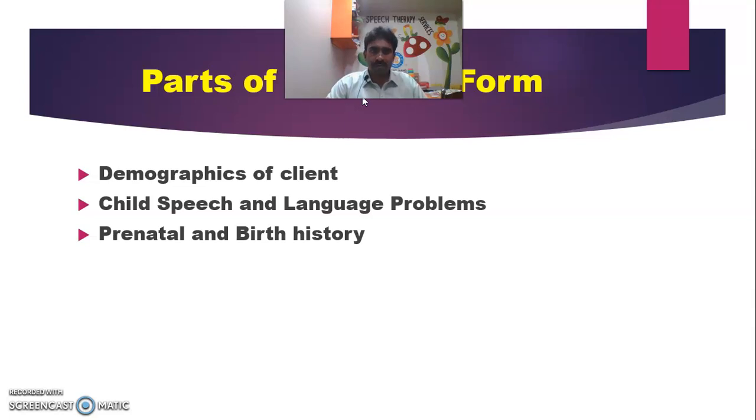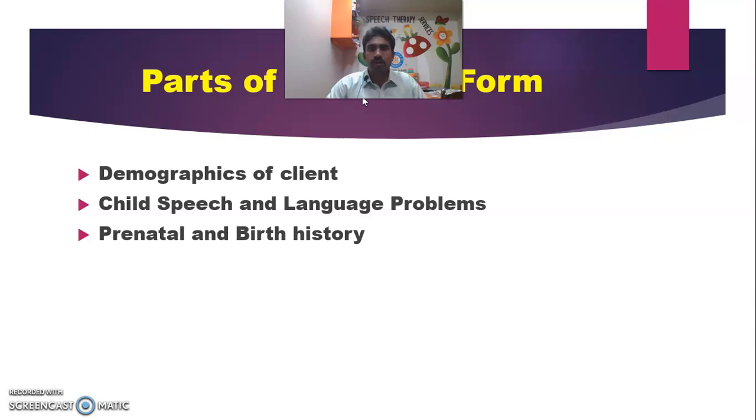You should include birth history, the length of the pregnancy, whether the child was full term or premature.